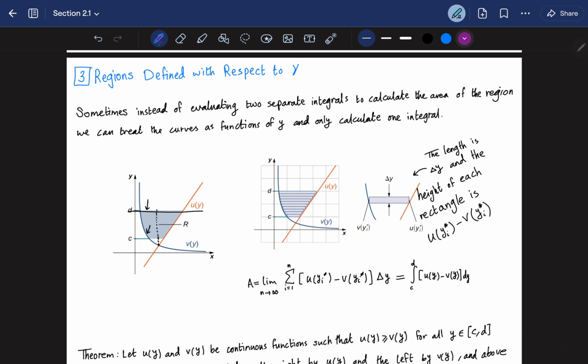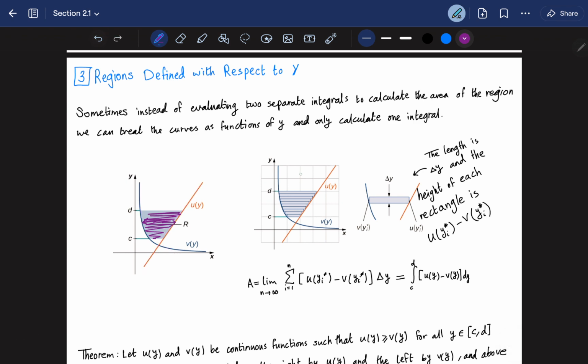And on this region here, my upper function is my line d, but my lower function is the function u. So here we have to use two integrals. To avoid that, I'll just integrate in terms of y and use right minus left, because over this whole region, this function is always to the right and this function is always to the left. So that's why it works.